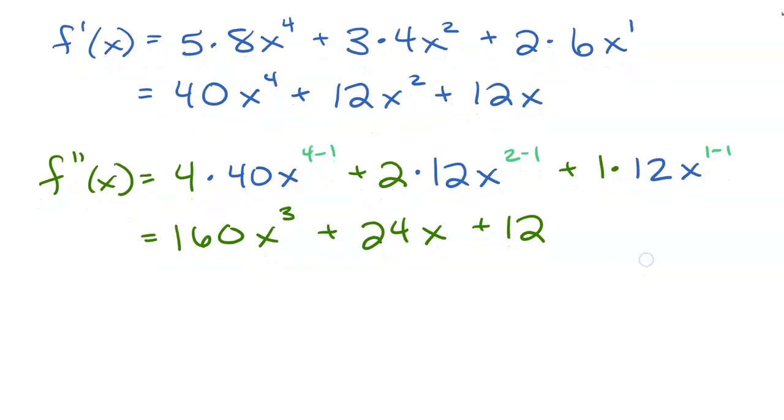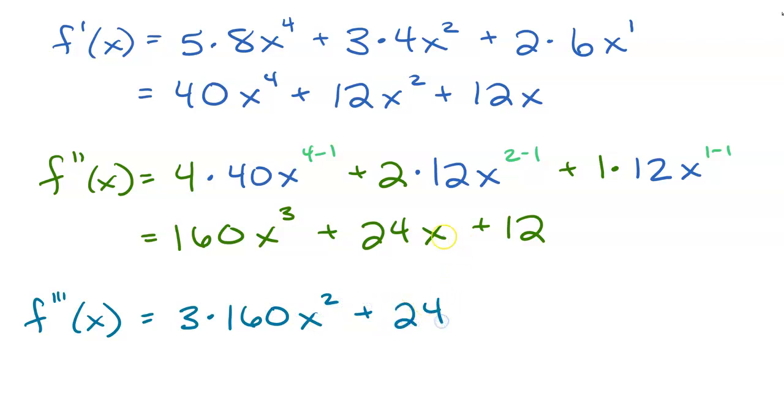For the third derivative, I'm going to do it again. I'm taking the derivative of the second derivative. So, 3 times 160, go down a power. 1 times 24, go down a power.